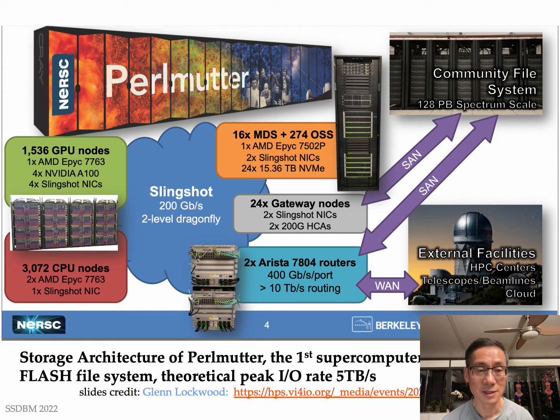Both of these give our flash storage devices a lot of advantages over spinning disks. On this particular Perlmutter system, the peak I/O bandwidth is 5 terabytes per second, which is higher than any other system around.